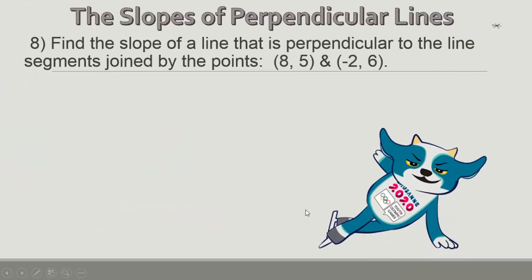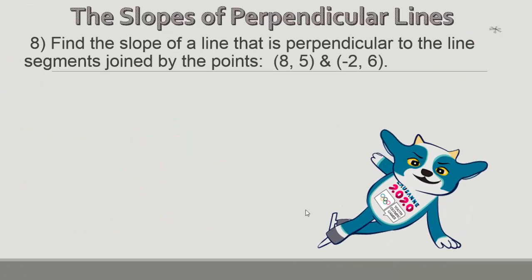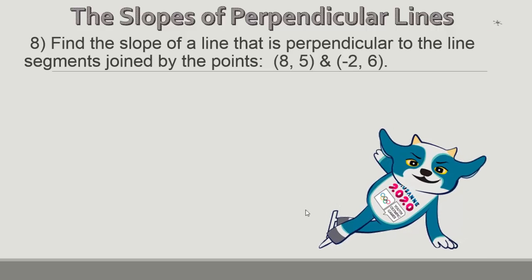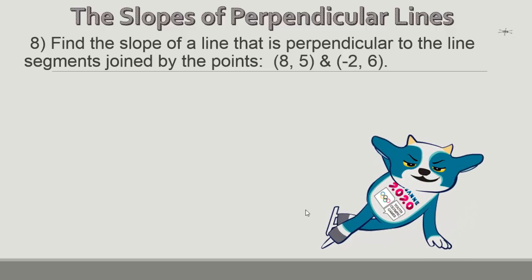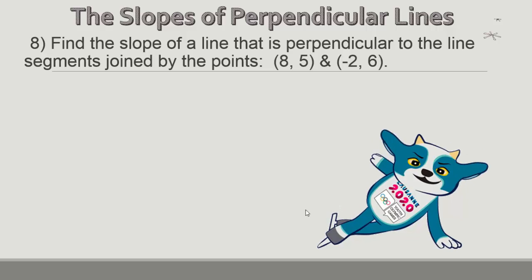In example number 8, we're asked to find the slope of a line that is perpendicular to the line segment joined by the points (8, 5) and (-2, 6). So let us go over to the whiteboard and work this out.